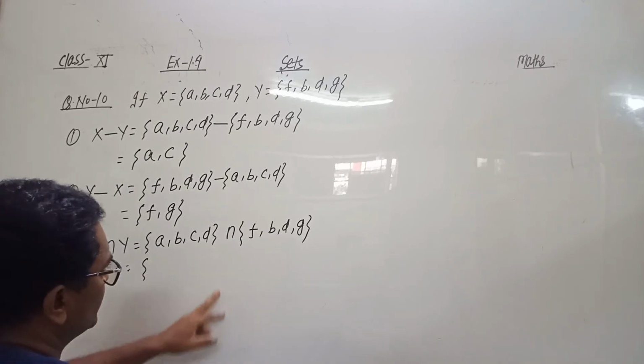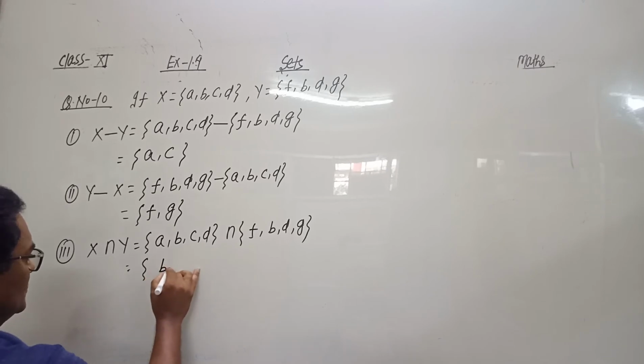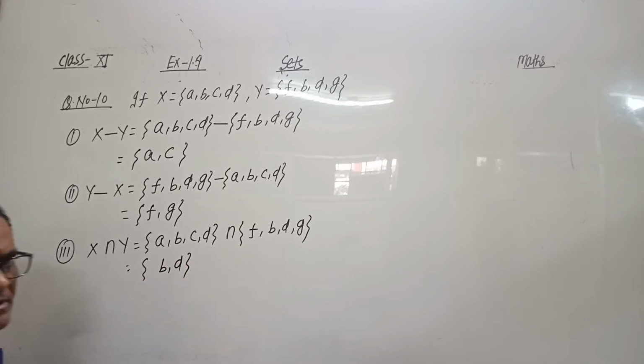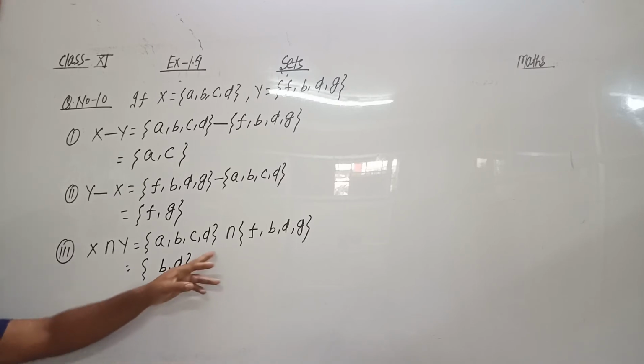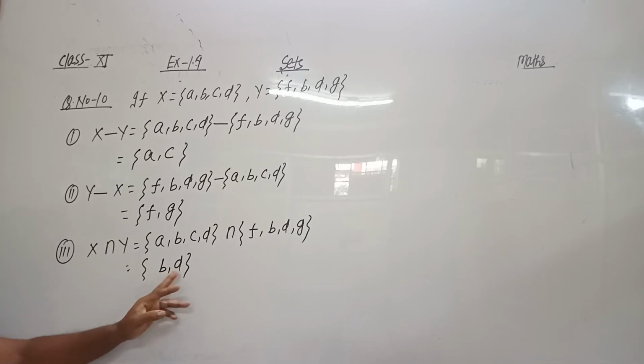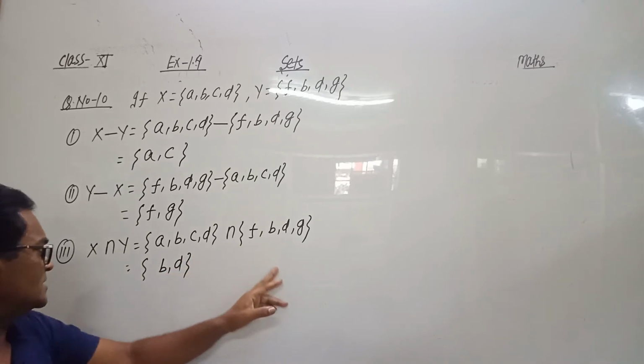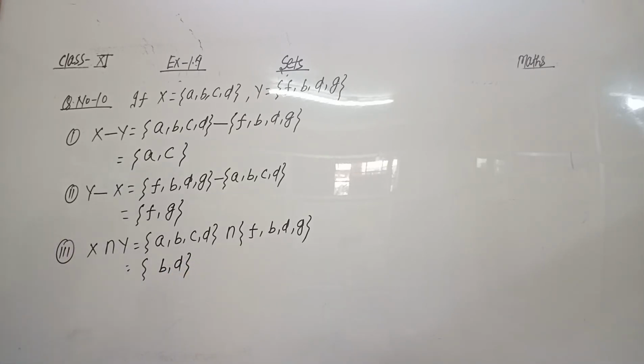B and D are the common terms, and intersection is the term which is common in both X and Y. So B and D are common in both the sets. So X intersection Y will be B comma D.